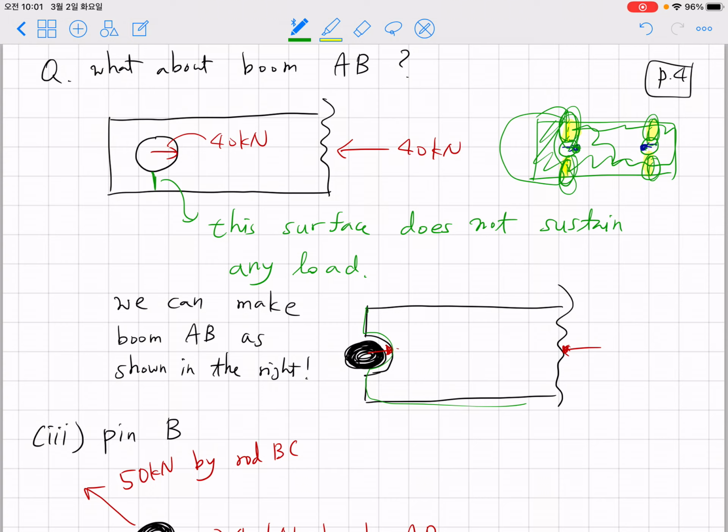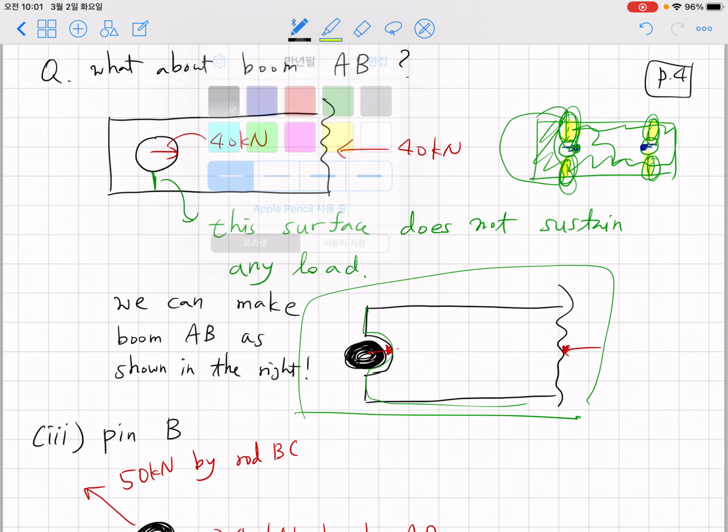Of course, if you have to consider dynamic effect, there are going to be some vibrations, and you cannot say that this is a safe structure. But if we only think about the static loading, the structure would be safe enough with this kind of shape. You don't need these parts.